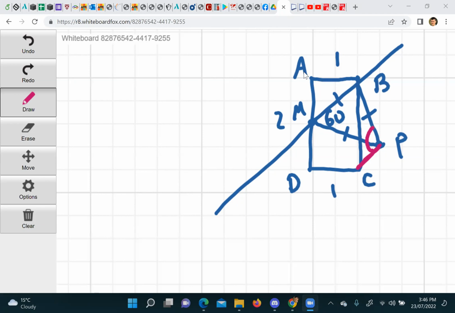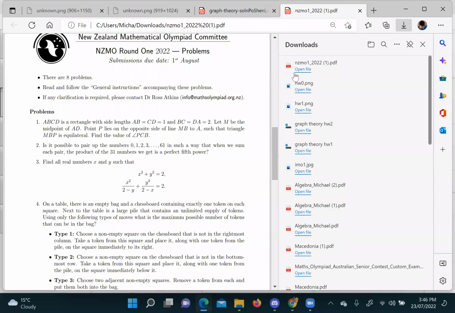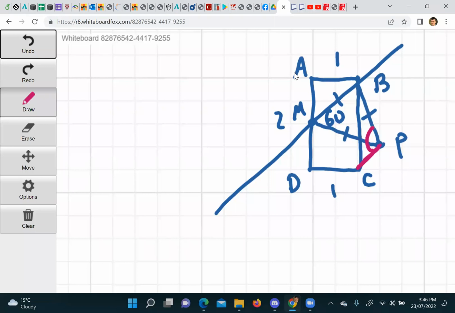Is it PCB? Oh. Maybe I'm being scammed. I was just testing, sir. PCB. There's neither of those angles. It was in fact this angle.